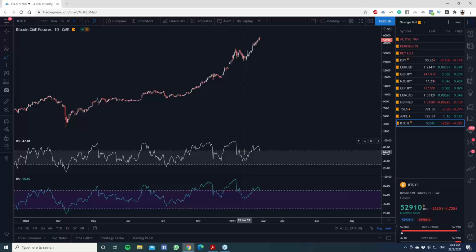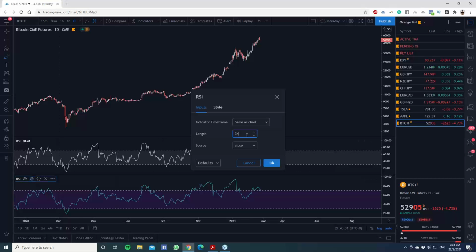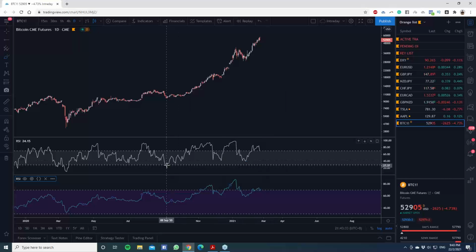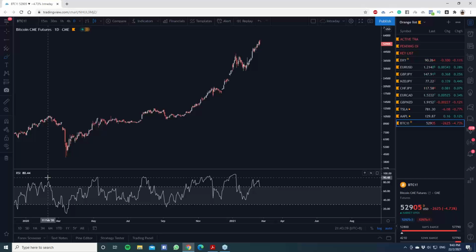To me, I only use these two, 7 or 14. I never really go and play around with changing it to, say, 34. So my recommendation to you is you either leave it as default, which is usually the 14 period, or you can drop it down to 7. That's something you can decide whether you want to do or not.